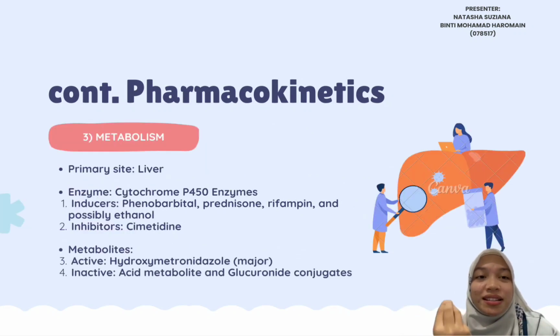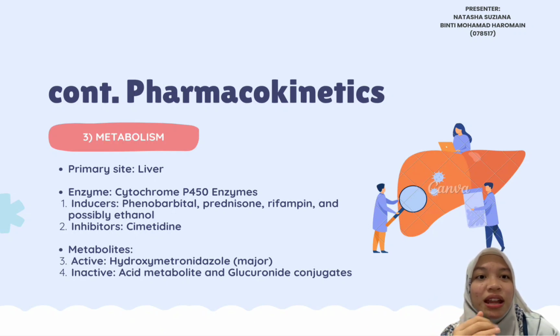The third one is metabolism. So the primary site of metronidazole metabolism is the liver. It involves enzymes like the cytochrome P450 system, which can have inducers, for example phenobarbital, prednisolone, rifampin, and also possibly ethanol.